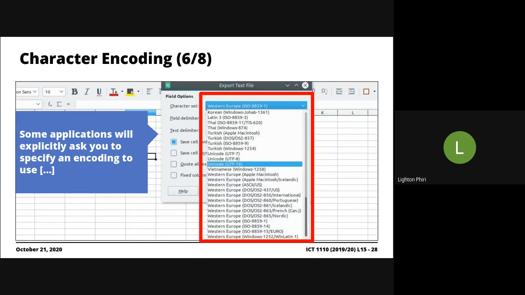Now, the reason why these sophisticated applications will explicitly ask you to specify an encoding scheme is because they are designed to be used by different types of people, not just Zambians, but Chinese, Japanese, all these other human beings who typically use languages that have characters outside the confines of the English alphabet. So a way to easily accommodate those strange characters.